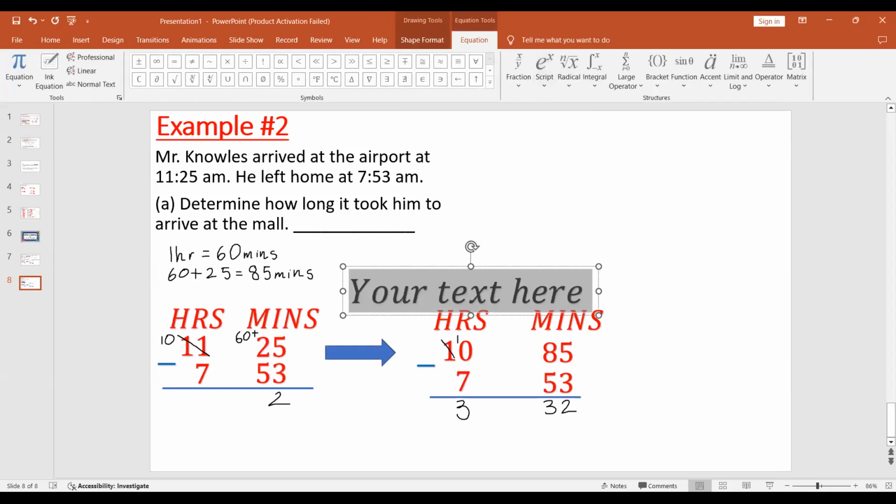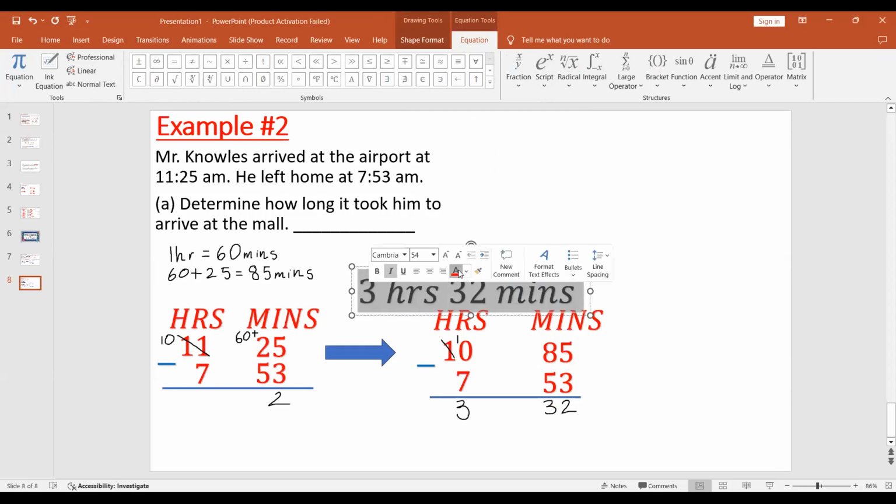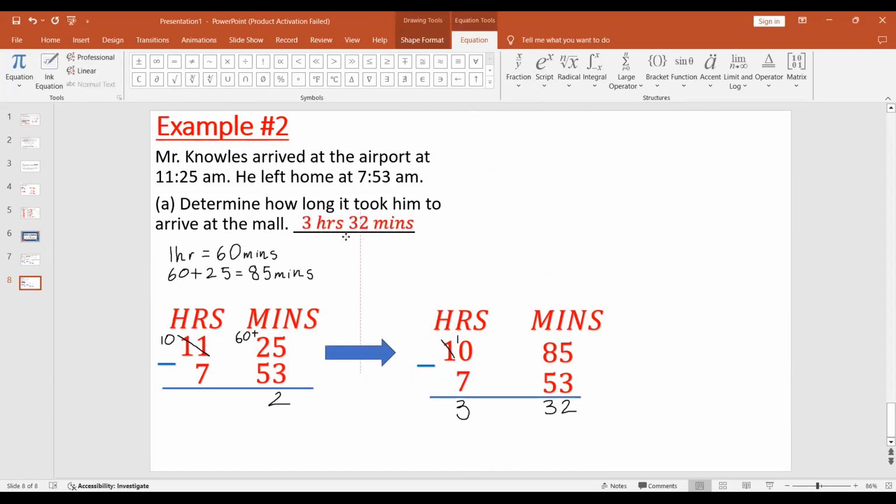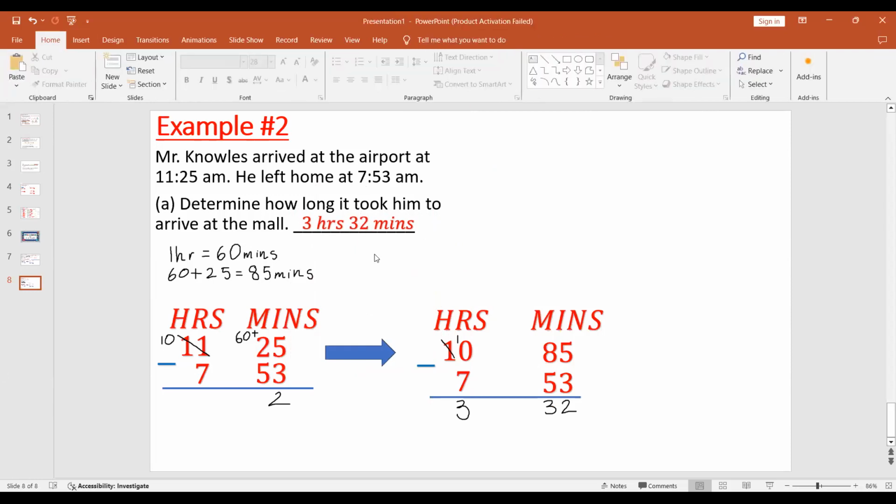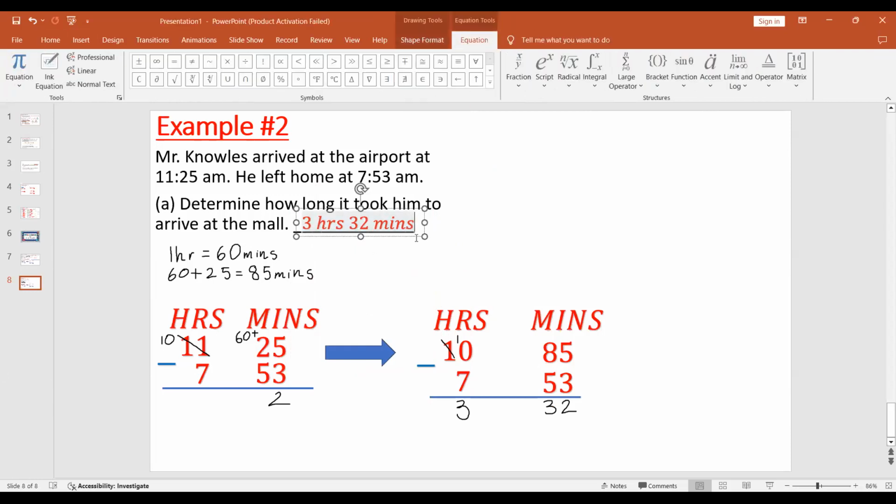Very good. Mr. Petit, I thought it was the airport. I said the mall. Yes, sir. It took him 3 hours and 32 minutes to arrive at the airport. Okay, good.